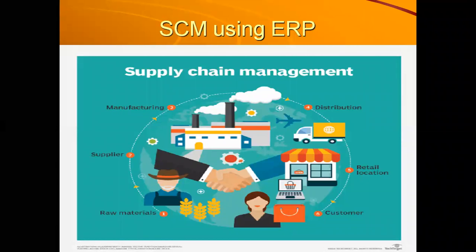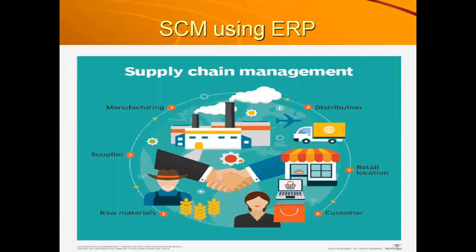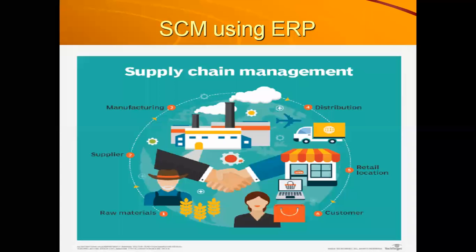So if there is no delay as far as the manufacturing is concerned, there will be no problem. But again, ERP tells you at which stage the goods are, and you can see whether you will be able to complete the products timely to meet the deadlines or not.